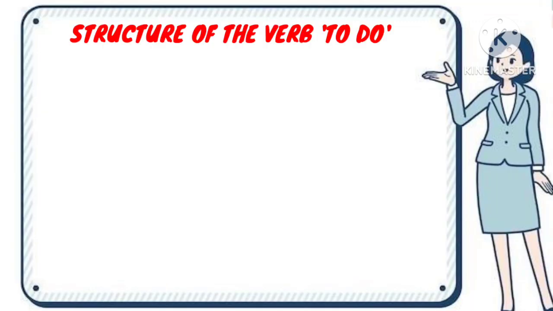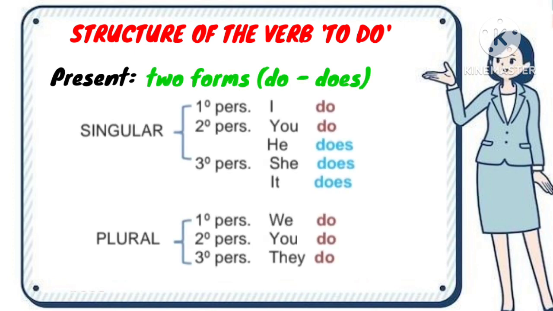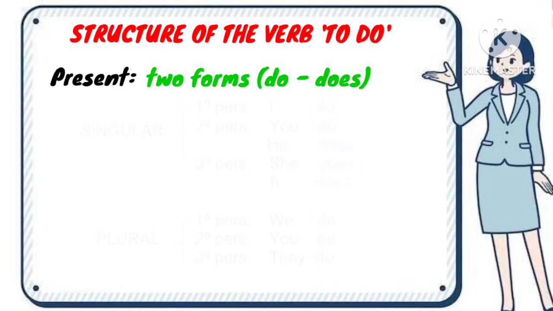The structure of the verb to do in the present tense has two forms: do, does. Do: first, second person singular and first, second, third person plural. I do, you do, we do, you do, they do. Does: third person singular. He does, she does, it does.